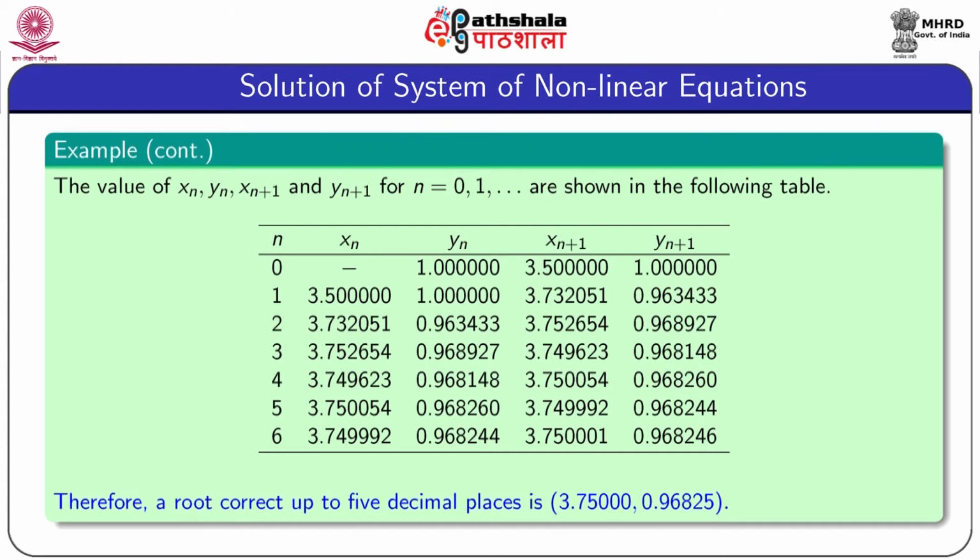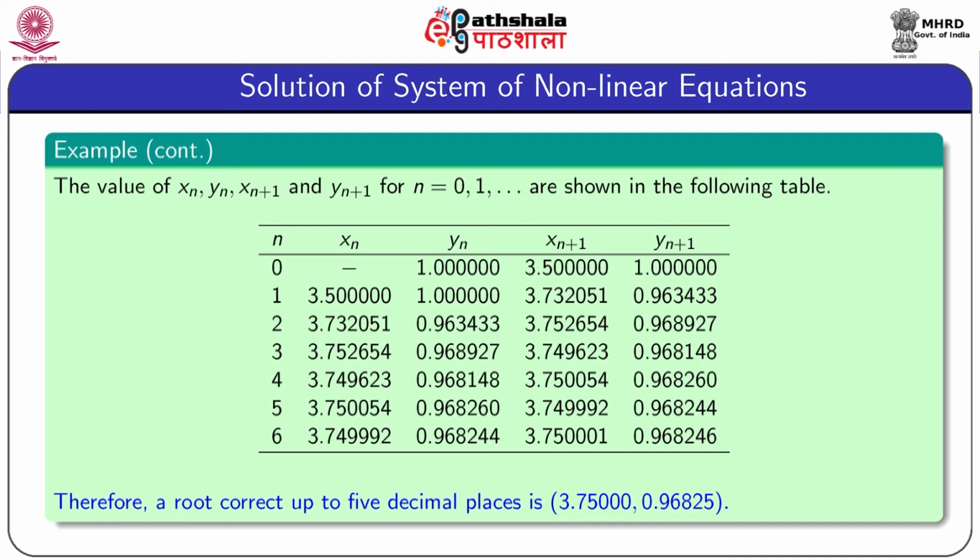Note that this iteration scheme converges at iteration number 6, and the convergent value of x_{n+1} is 3.750001, and the value of y_{n+1} is 0.968246. Therefore, a root correct up to 5 decimal places obtained by the Seidel iteration scheme is 3.75000, 0.96825.